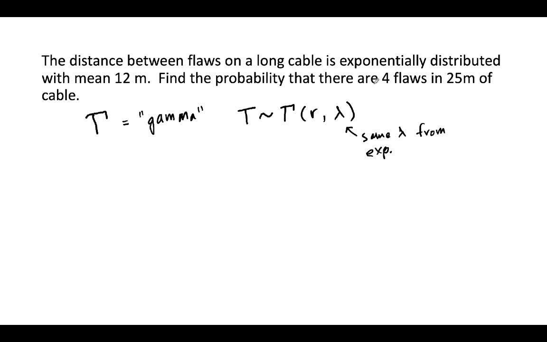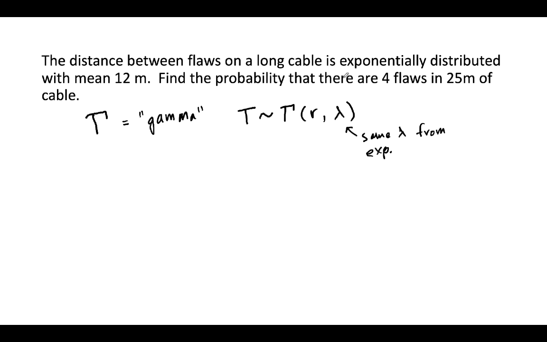Now this part here, r, is just saying how many events. By the way, I'm reusing a problem that I did before on exponential functions just to keep the continuity. There's an exponentially distributed distribution of flaws along the length of a cable. The length of the cable is continuous, and we also know the mean, 1/12.